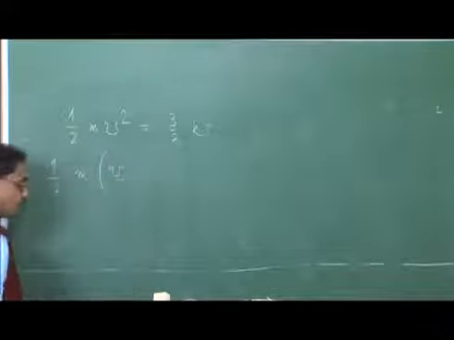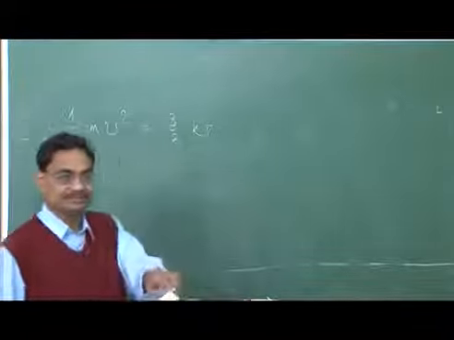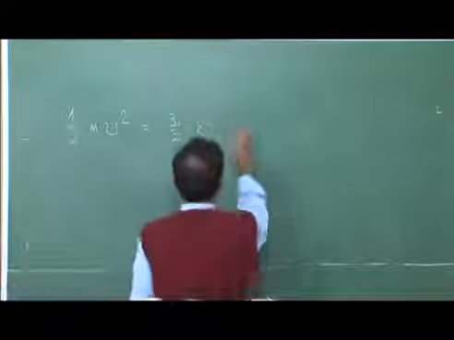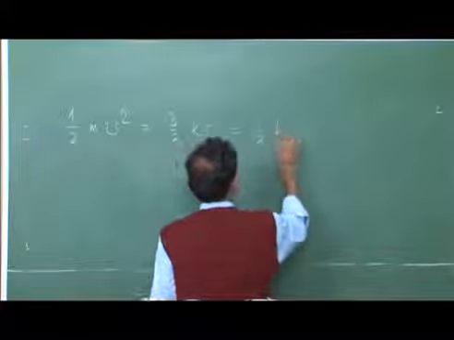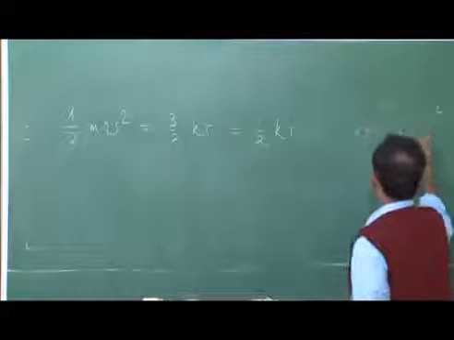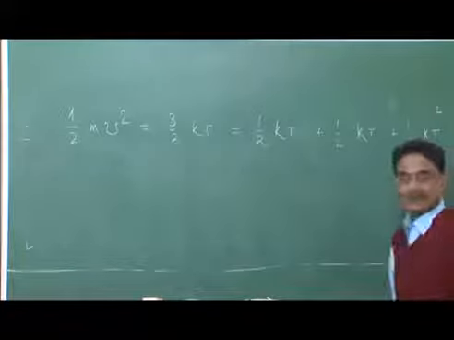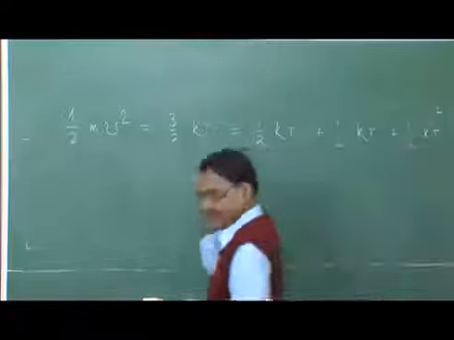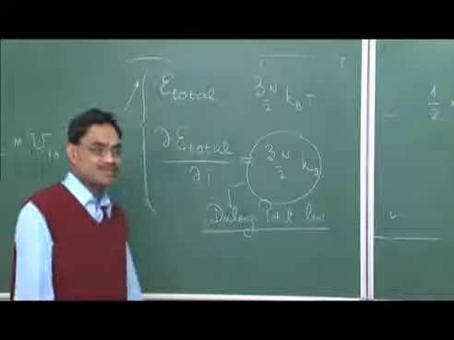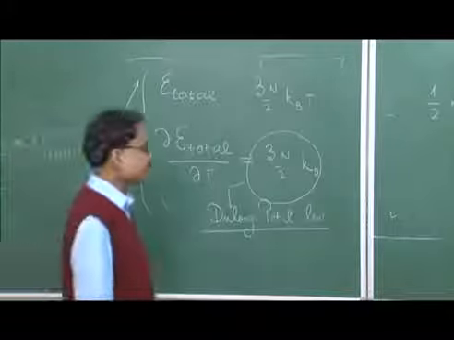I can think of only moving in one direction. I can think of this quantity as 3 times half kT. I told you why this number 3 comes: because I have 3 velocity components. My gas molecules can move in 3 directions.